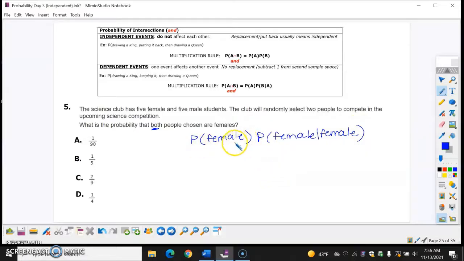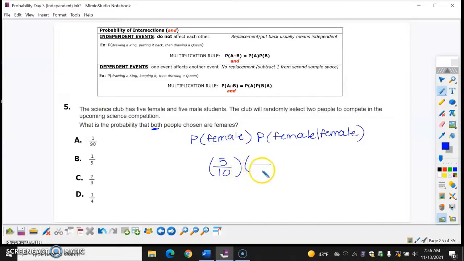So the first probability, choosing a female, would be what? 5 out of the 10 total students are female, okay? Then we want to find the probability of choosing another female, and this doesn't use the words replacement or put back, but once they choose the one female, they're not going to put her back in for a second chance because they need 2 people, if that makes sense.